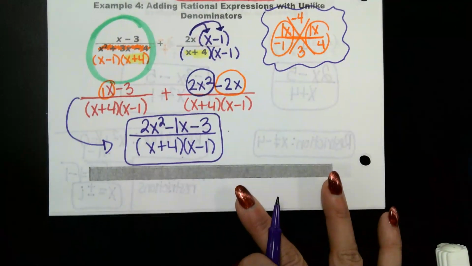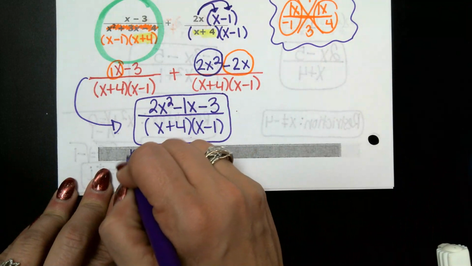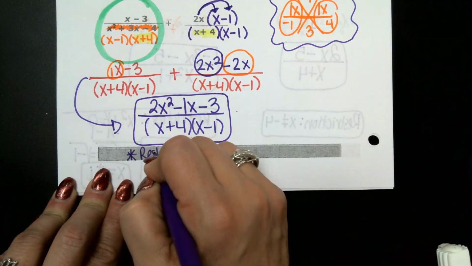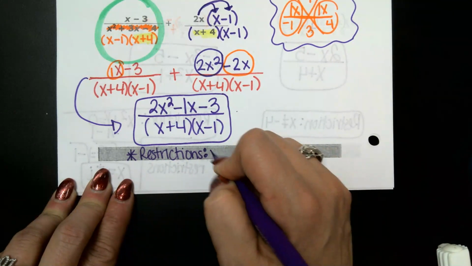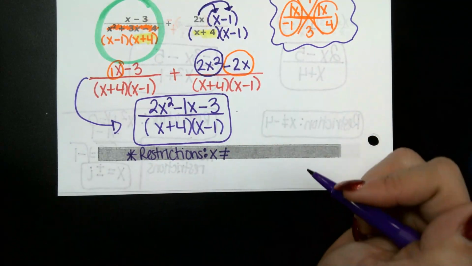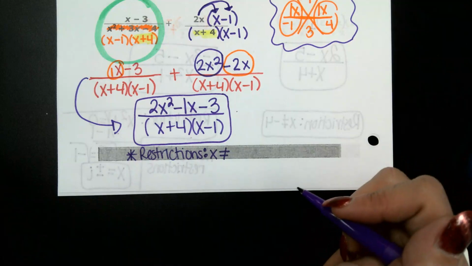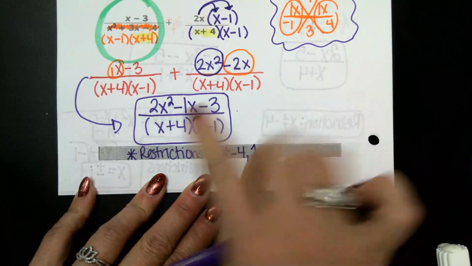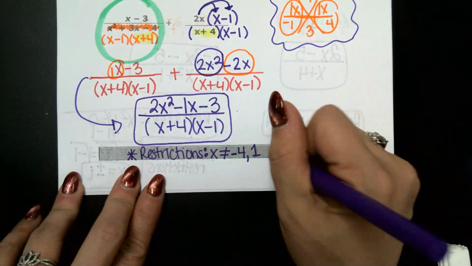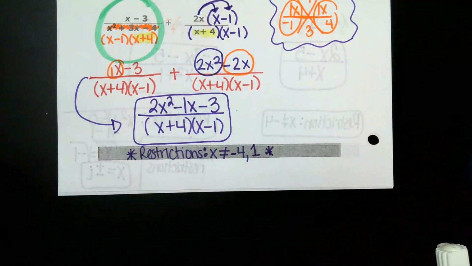Before we go any further, let's talk about our restrictions, if there are any, which there are. What two numbers could x not equal based on your sets of parentheses on the bottom? -4 and +1? Okay, those are our restrictions.